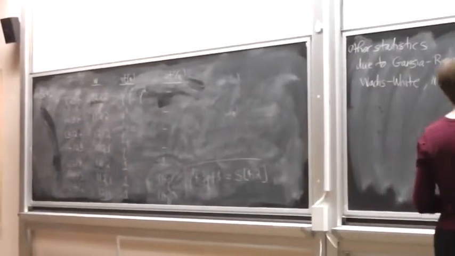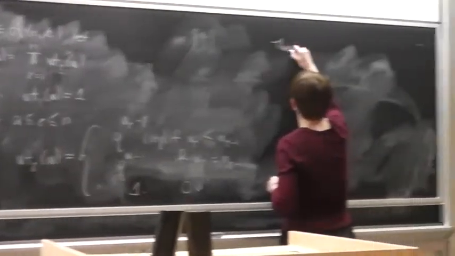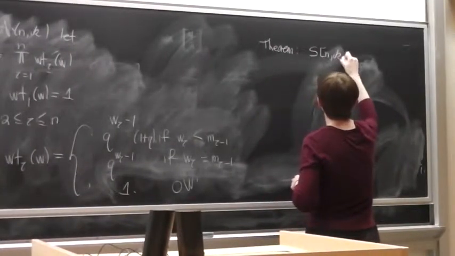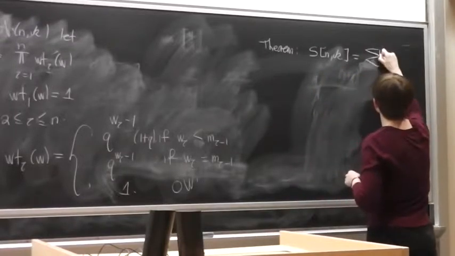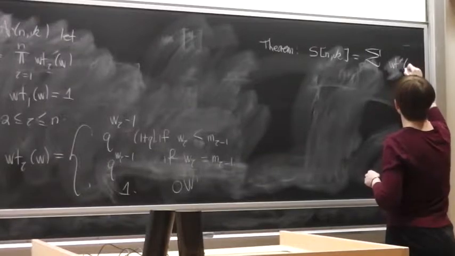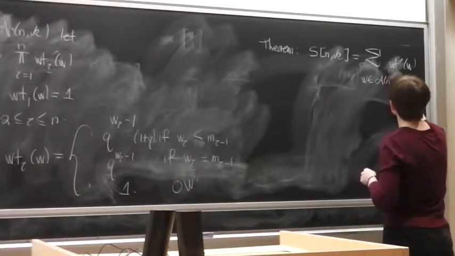So, theorem, right over here, somewhere. The q-Stirling number of the second kind can be written as this weight over the allowable words.